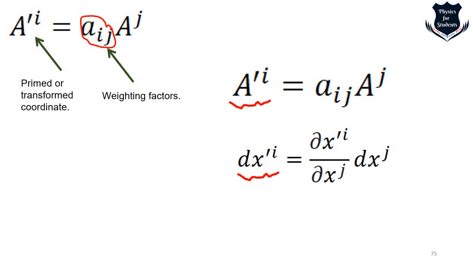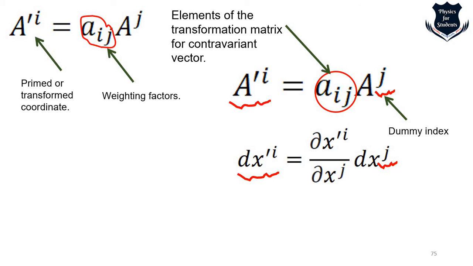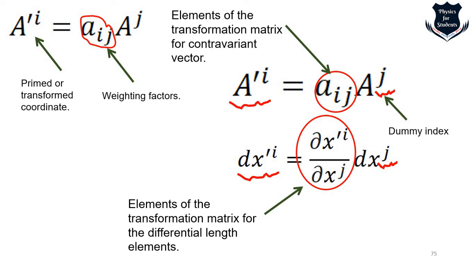Now if we compare this equation with this equation, what do we see? On the left hand side there is a primed value, right, with a free index i appearing. On the right hand side we see a dummy index, the j part. So we represent the elements of the transformation matrix by this, right? This is the element of the transformation matrix for a contravariant vector, and this is the element of the transformation for the differential length elements.